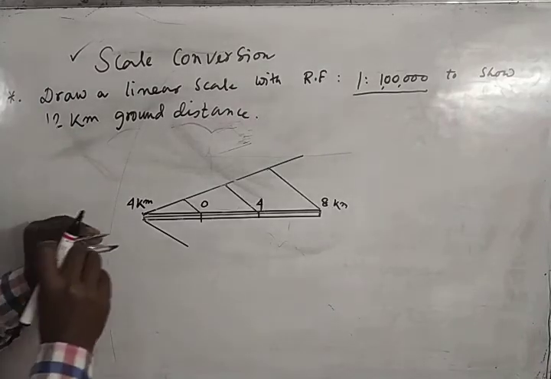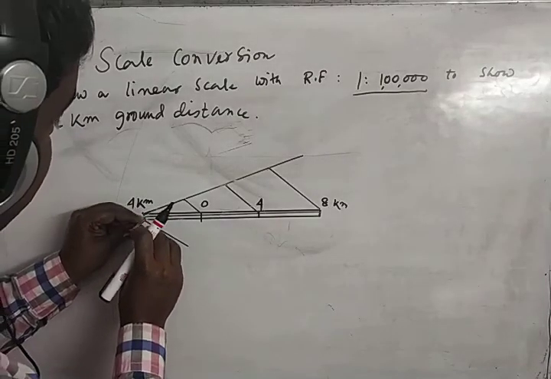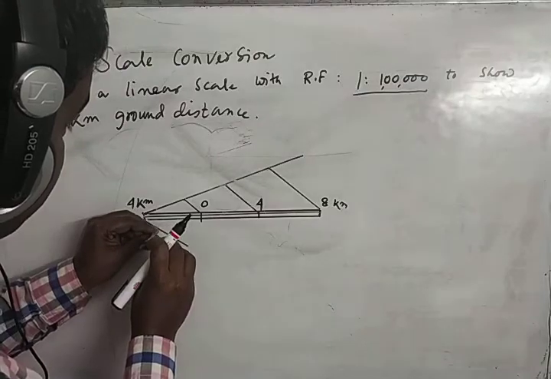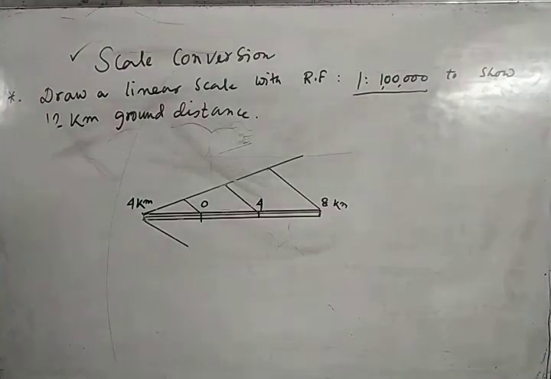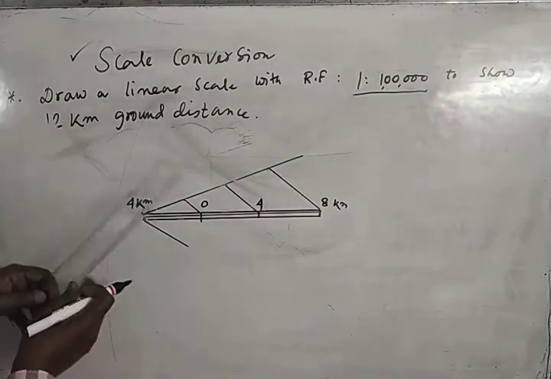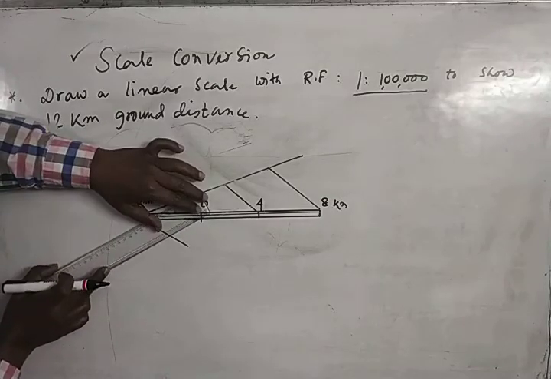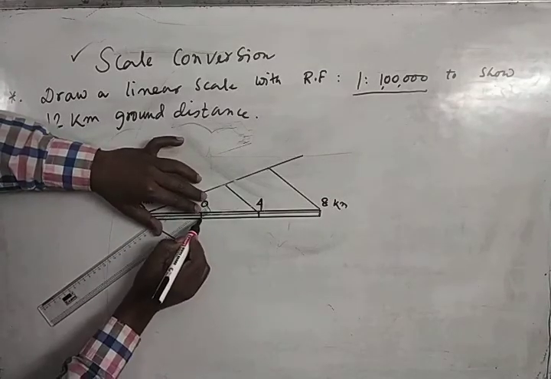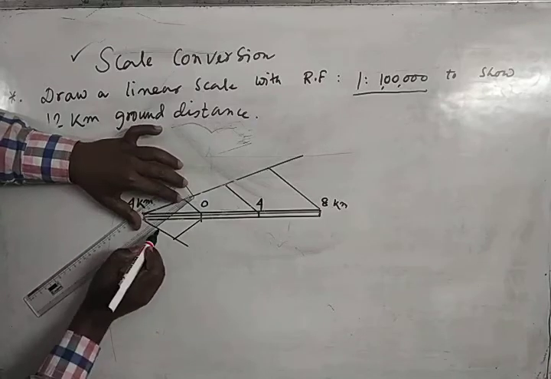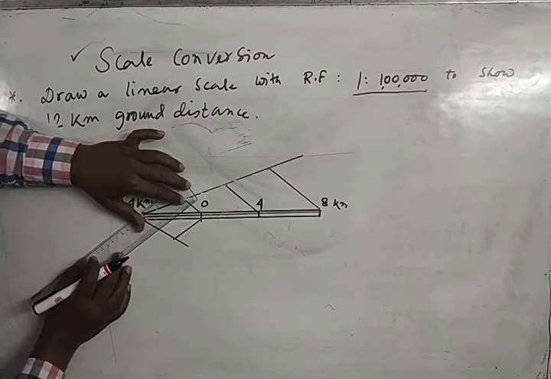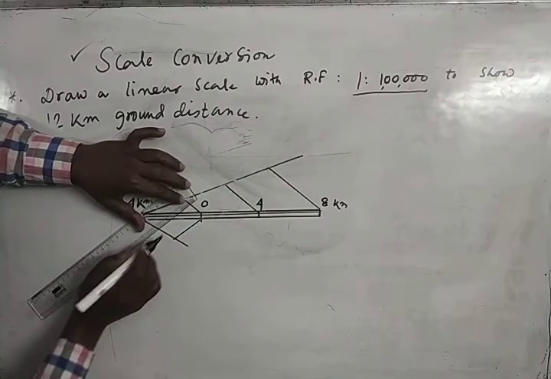Take any measurement. 1, 2. Okay. Add this one. And that line should be taken by set square, parallel line.